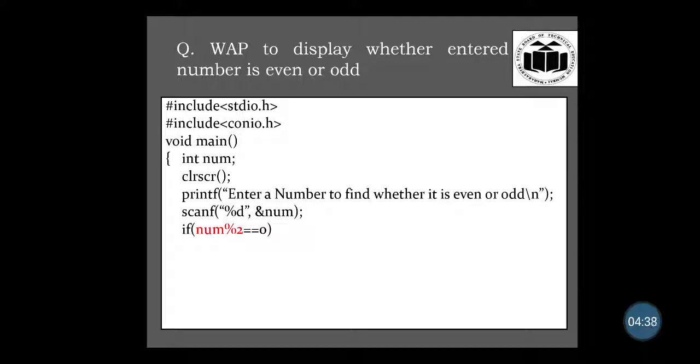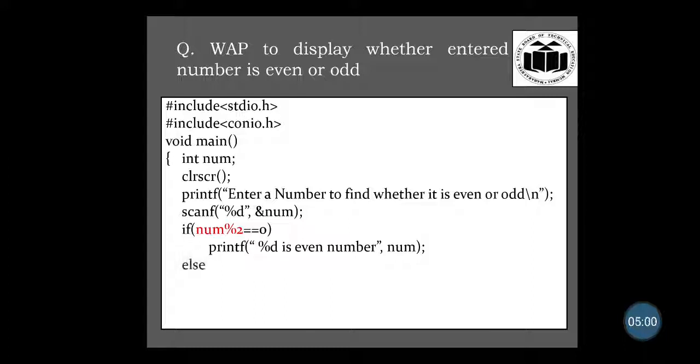If num % 2 is equal to 0, the remainder is 0, which means the number is divisible by 2. If this condition is true, we print %d is even number. %d means the entered number will be displayed in place of %d.